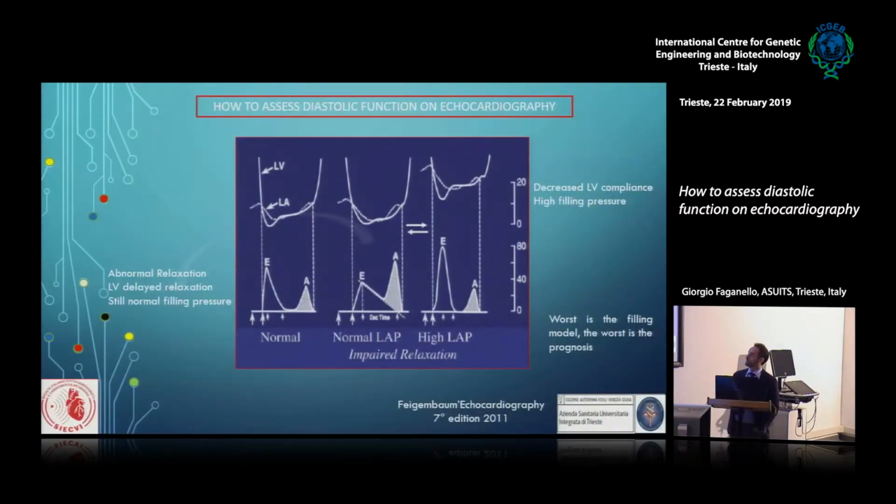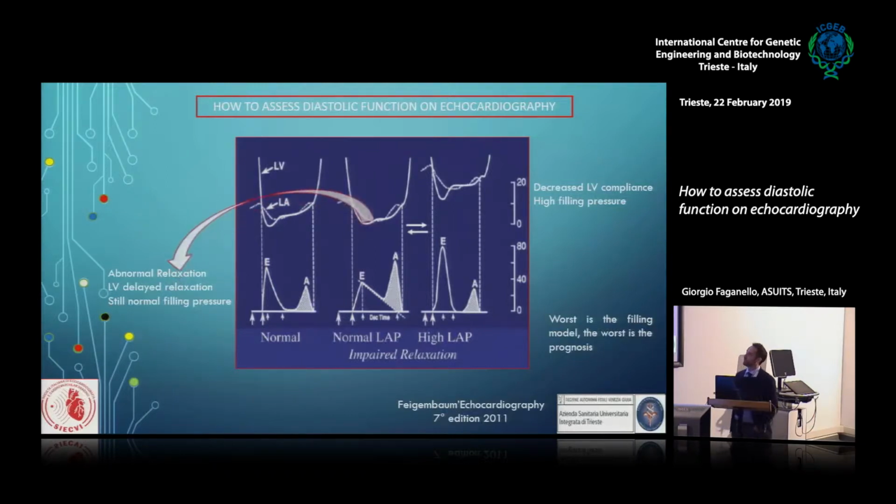And let's see what happens. This is the normal LV curve and LA curve, or pressure curves. And this is the normal pulse wave Doppler, E and A waves.